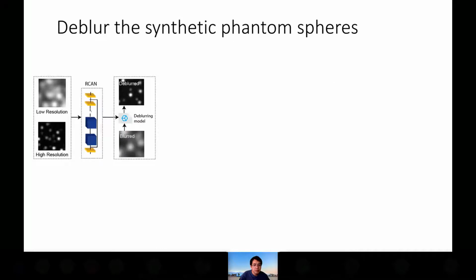Motivated by our denoising results, the next question we had in mind was whether we can use the 3D RCAN to enhance the resolution. The idea was very simple. We supply the 3D RCAN model with pairs of low resolution and high resolution images, and then train the model to see if we can deblur the blurred images.